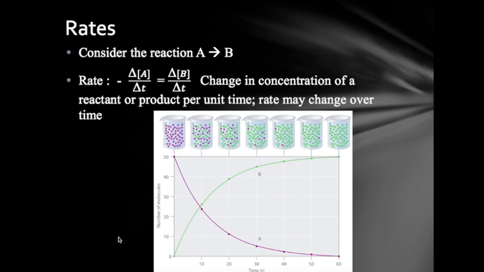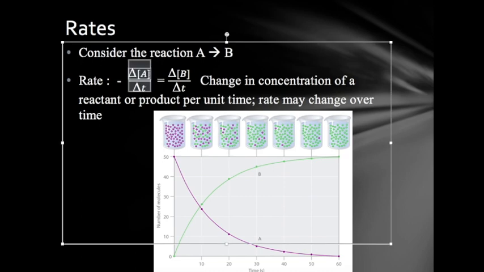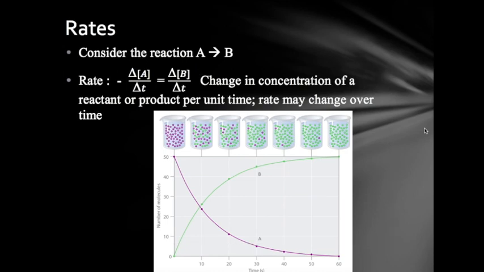That's how we just defined rate. So we could write an equation for that. Let me talk to you about these equations that are written right here. Delta, of course, means change in. Whenever you see something in brackets, that means concentration. So we're talking about the change in concentration of substance A over time. That is how we would define the rate. That's synonymous with the slope of this curve.